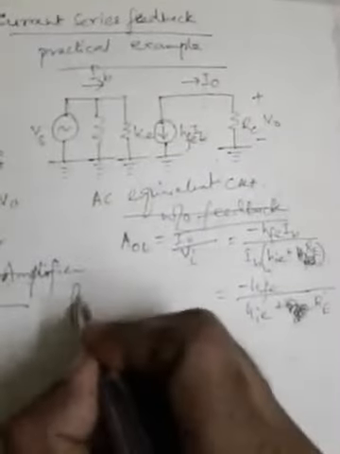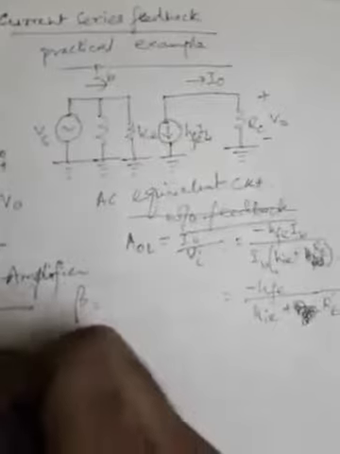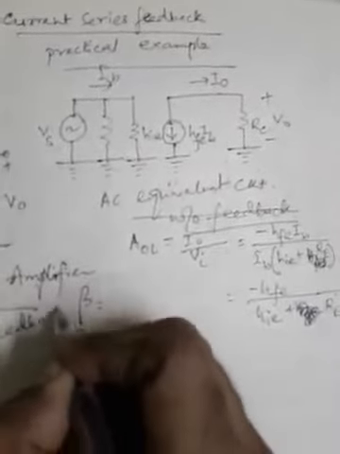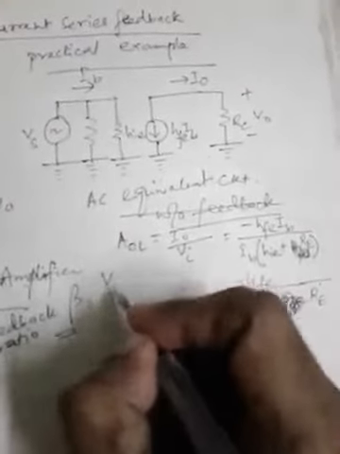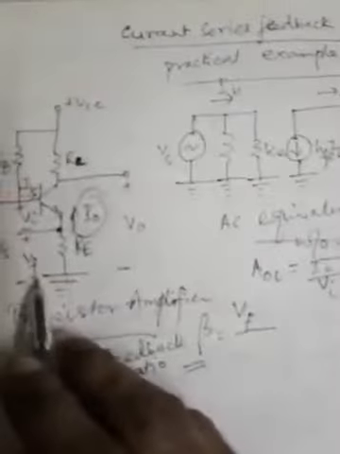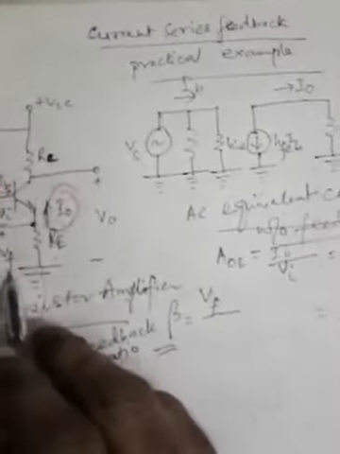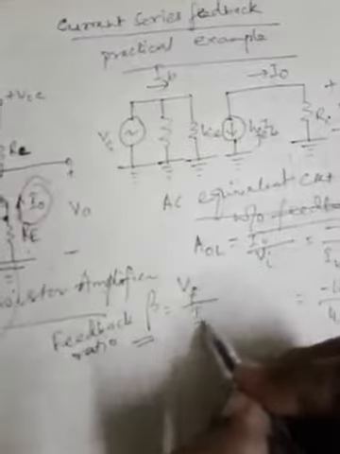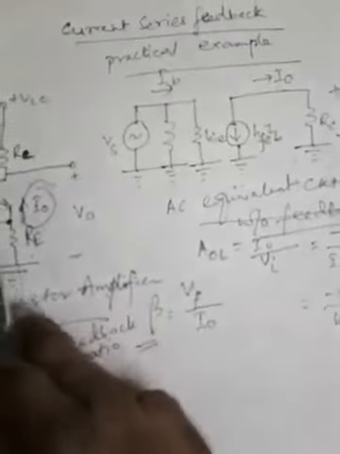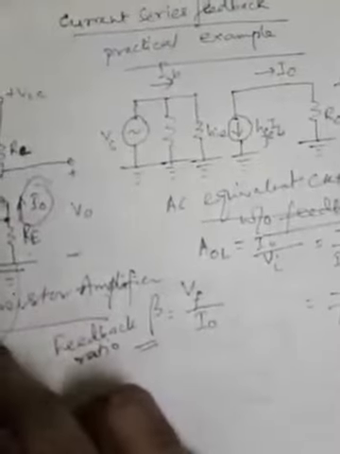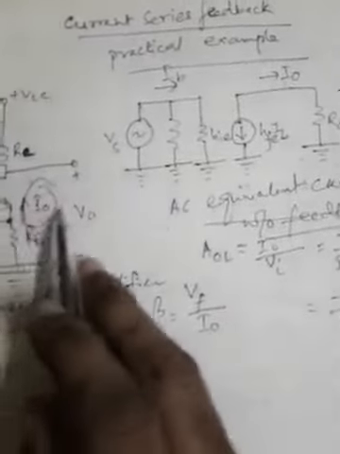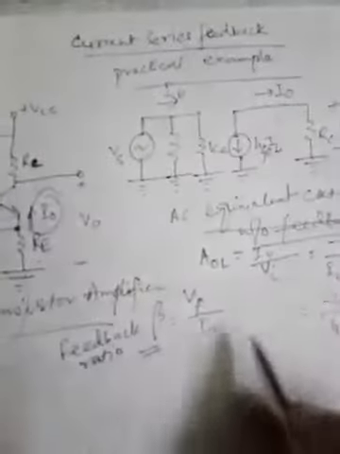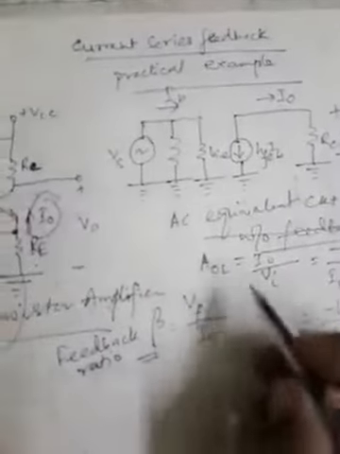Now beta, the feedback fraction or feedback ratio beta, can be expressed as voltage Vf. You can see from the diagram it is voltage Vf at the output and the current IO at the input. IO is converted to Vf so that it can be fed back to the input in terms of voltage. But actually the sampling that is being done from the output is in terms of current, because of current series feedback. So beta should be Vf by IO.